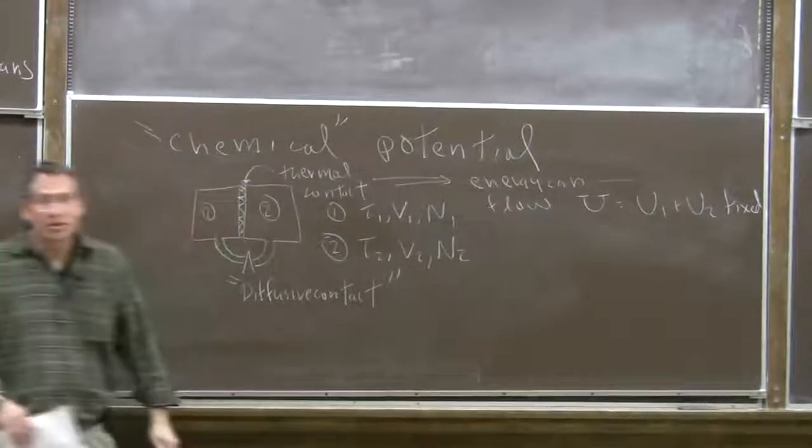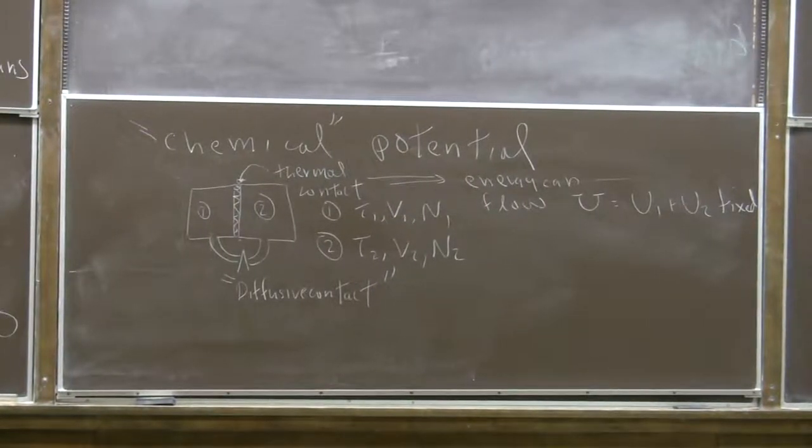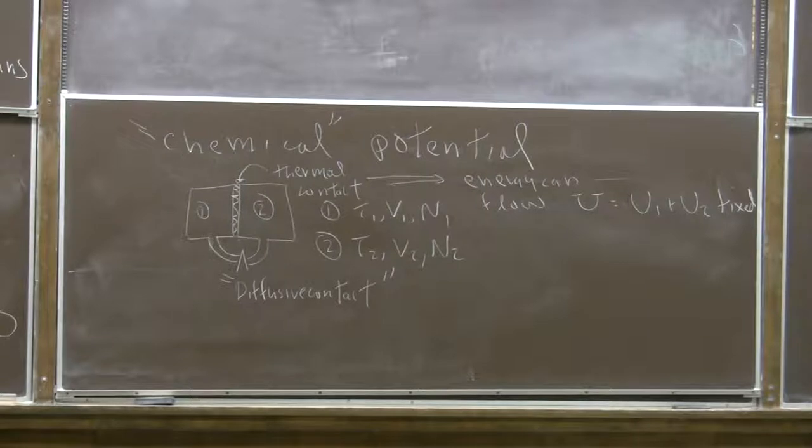You can imagine there's a membrane that's kind of semi-permeable. So you might have a different temperature, at least initially, before equilibrium is established, and a different pressure on the two sides. But particles can penetrate through the membrane. So the number of particles in 1 and 2 are no longer separately fixed, but the total number of particles is conserved. If 1 loses a particle, 2 gains it, and vice versa.